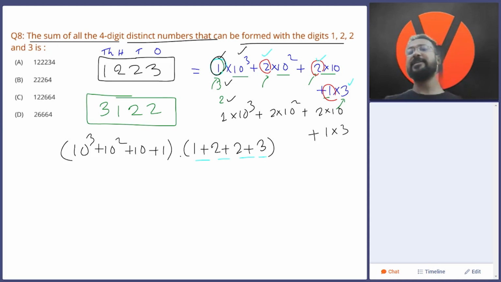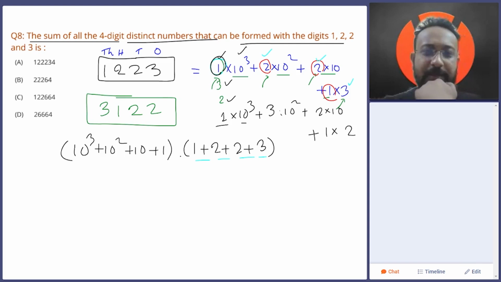But we are getting the same number, so that will not be counted if we shuffle. But others, if we shuffle, then it will get counted. Like if I take this 3 here and this 2 here, there's a new number now. It means keeping 1 fixed at 10 cube, all these 3 can shuffle among each other, and every time 10 cube will have 1. Similarly, every time 10 cube will have 3, where 1, 2, 2 will shuffle among themselves. Do you agree? Okay, sir.